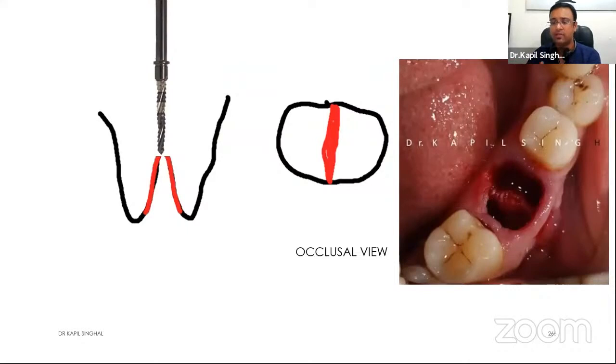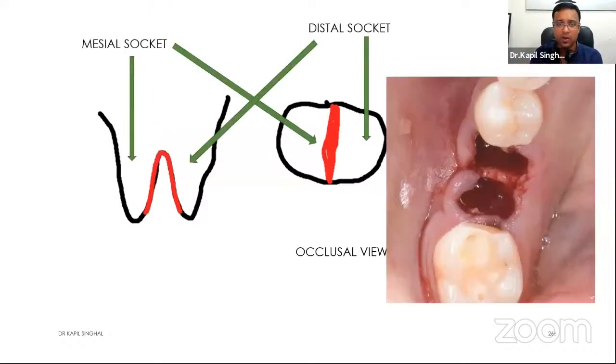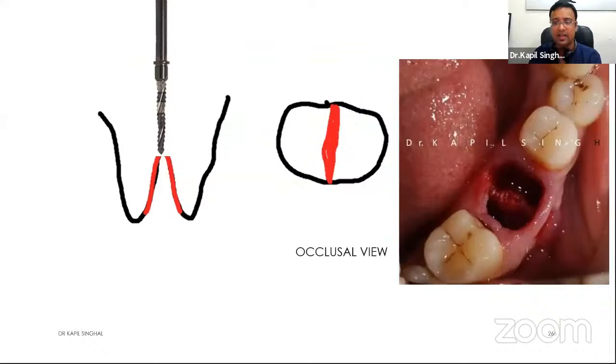Quite a lot of times the drill slips into either the mesial socket or the distal socket, which is not what you want. You want to place your implant exactly in the center of the interdental bone.